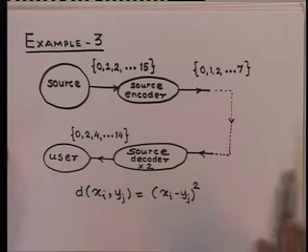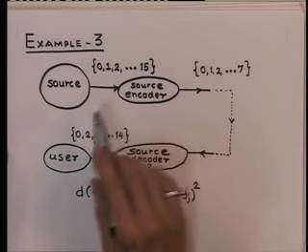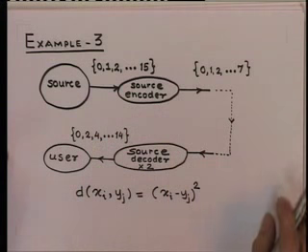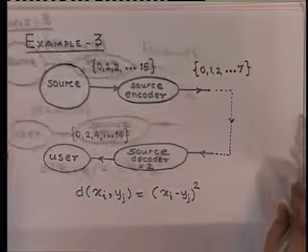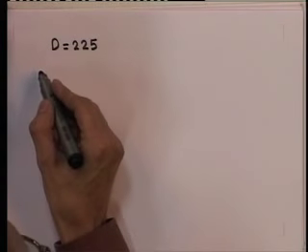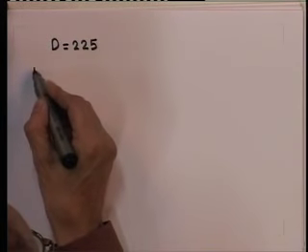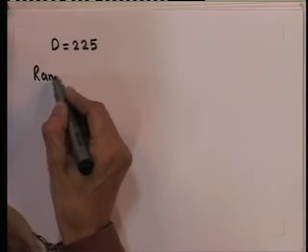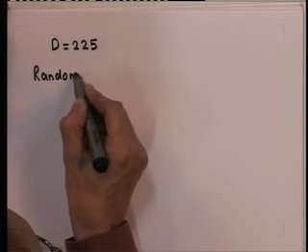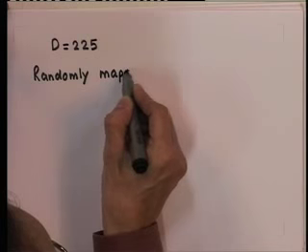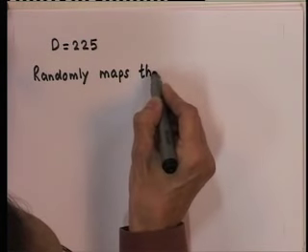The problem is to design a lossy compression scheme that satisfies the distortion constraint. So, one such compression scheme that satisfies the distortion constraint would be to randomly map the input to any of the outputs.